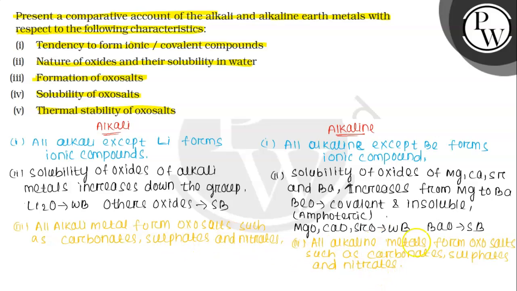The same is also true for alkaline earth metals: all alkaline earth metals form oxosalts such as carbonates, sulfates and nitrates. This is the third point.